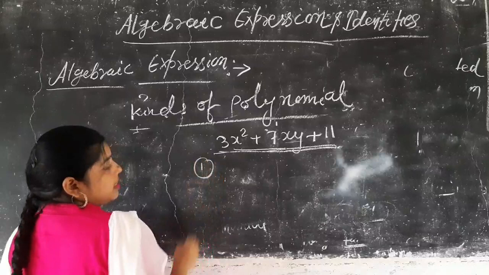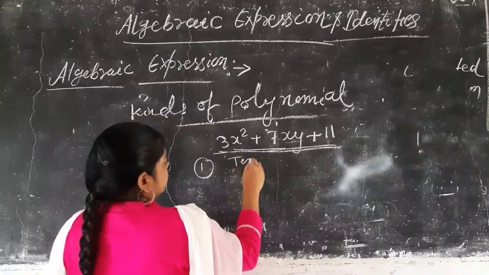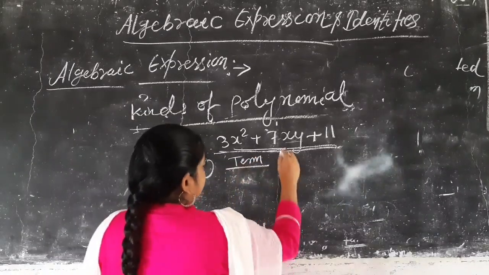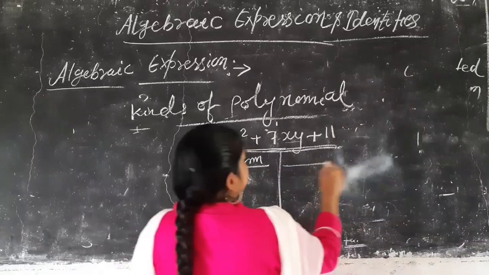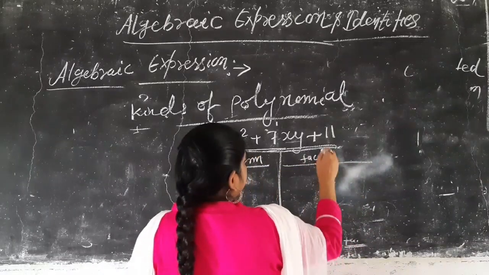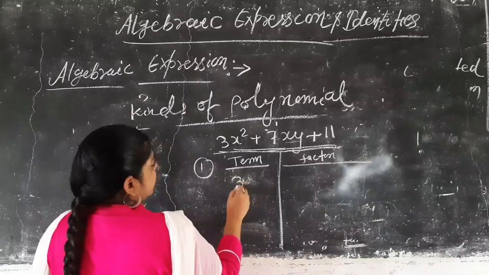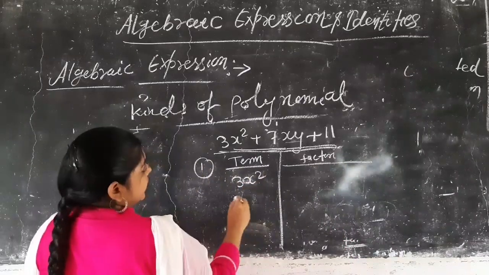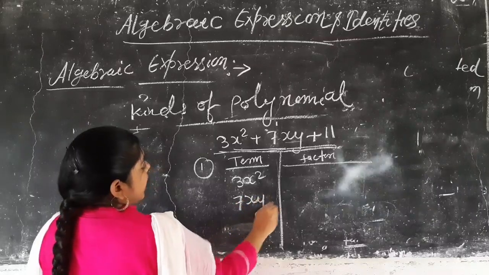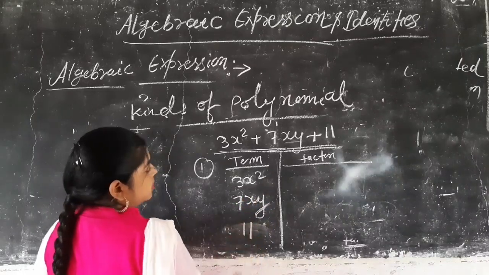First we write the terms and also write the factors of each term. So the first term is 3x square, the second term is 7xy, and the third term is 11.